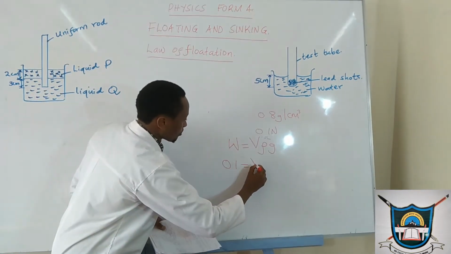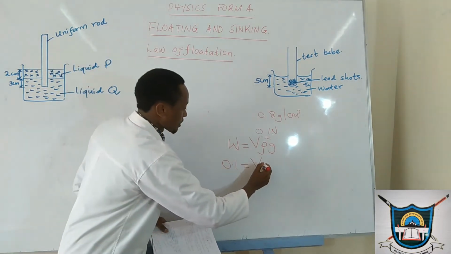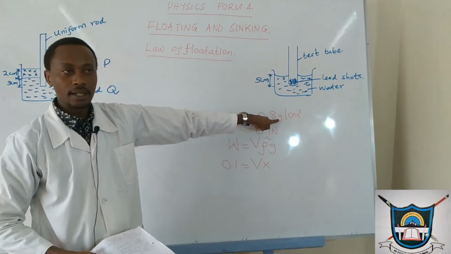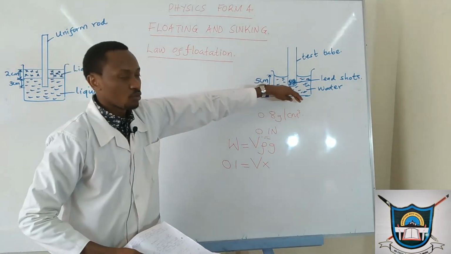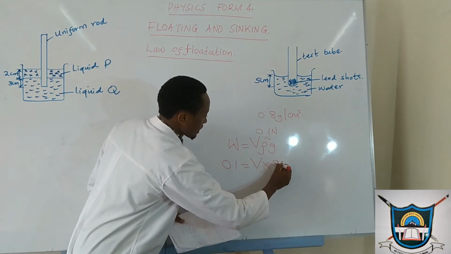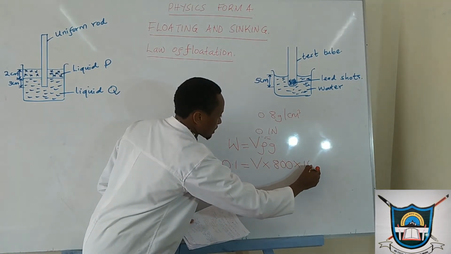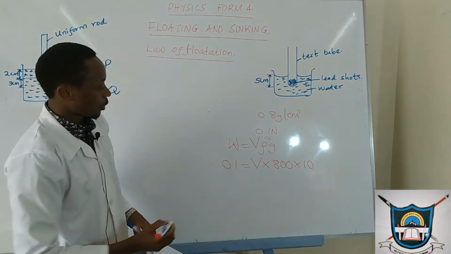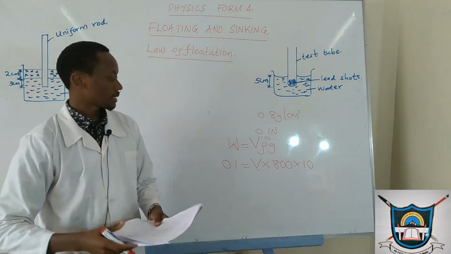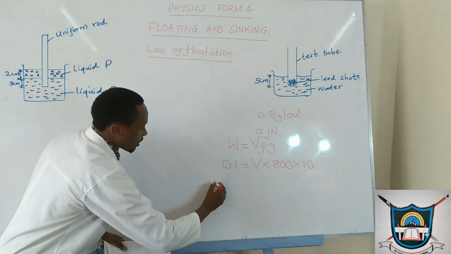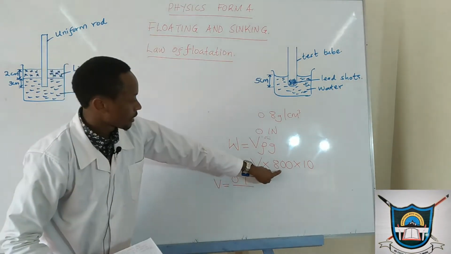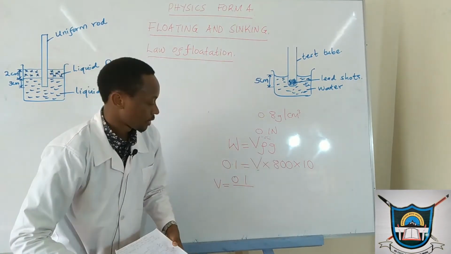times the density of the liquid, 0.8. We can convert this into kilograms per cubic meter by multiplying by 1,000, and we get 800 times 10. To get the volume of the liquid displaced, we divide 0.1 by 800 times 10, which is 8,000.